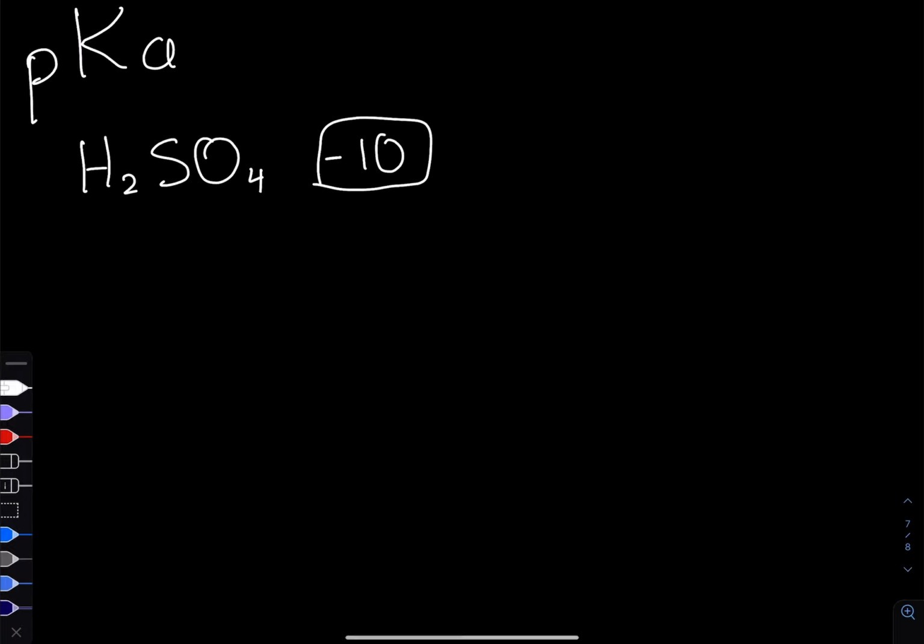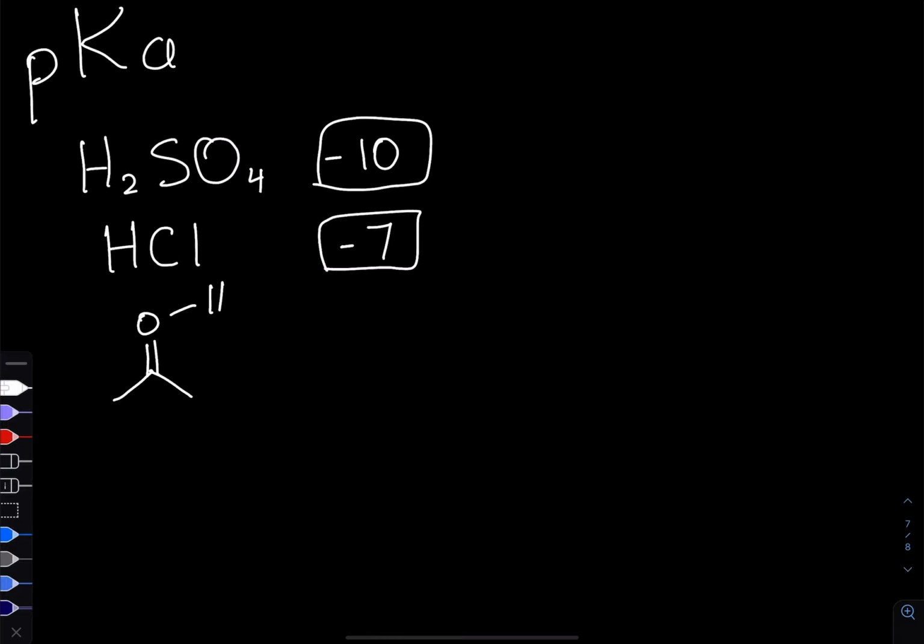And the lower the pKa is, the more acidic it's going to be. So here I'm going to give you a list of some molecules and their pKa values. And you should write this down because these are the ones that you'll commonly come across in organic chemistry classes.